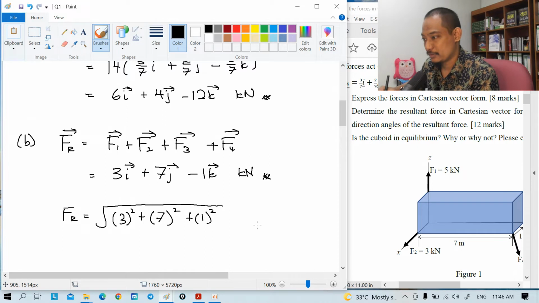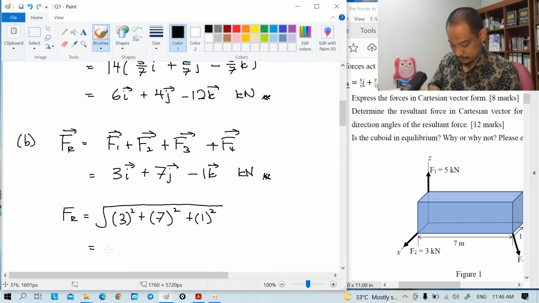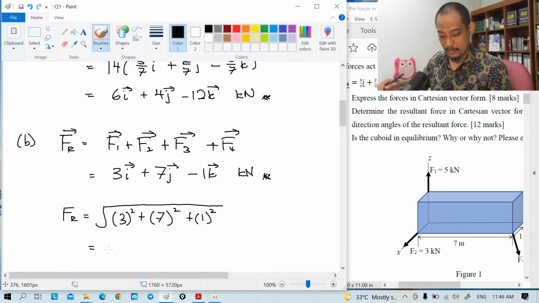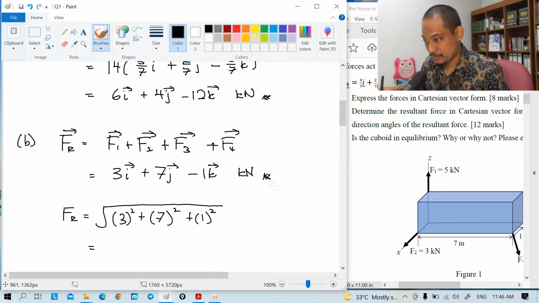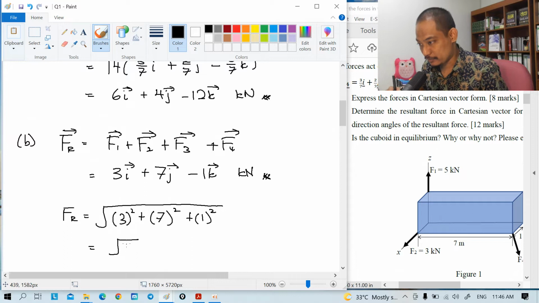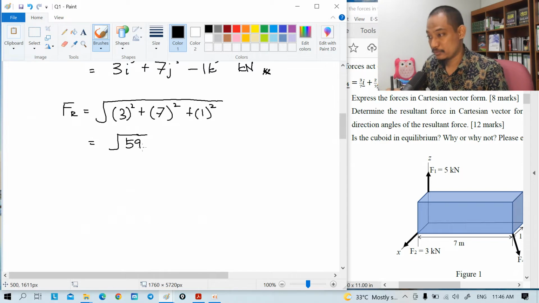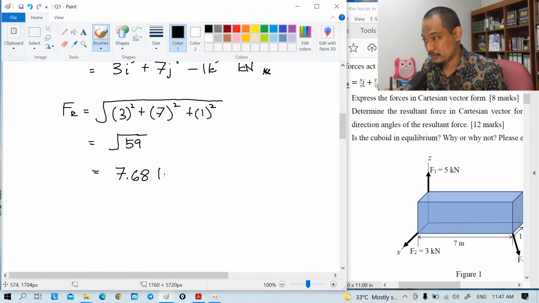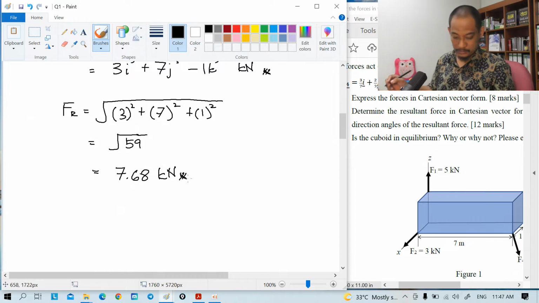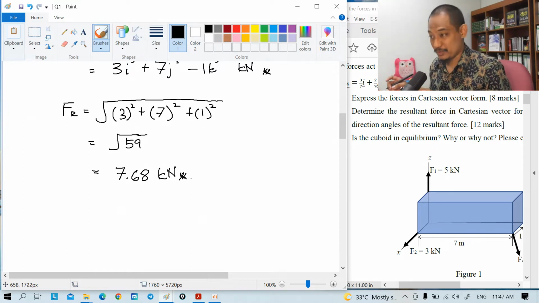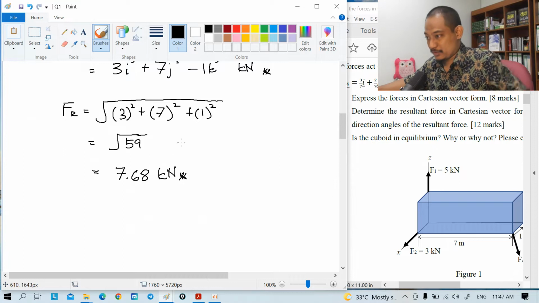Basically you will get the square root of 59, or if you write it in terms of value, the magnitude is 7.68 kilonewton. So that's in decimal point, 7.68 kilonewton. What about coordinate direction angle?